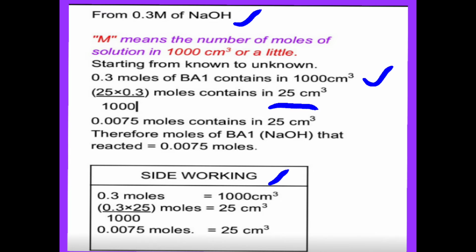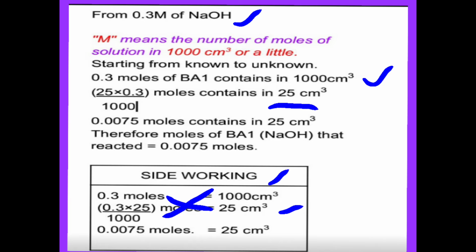Then what about 25? Here, we shall just cross multiply 25 times 0.3, then divide by 1000.